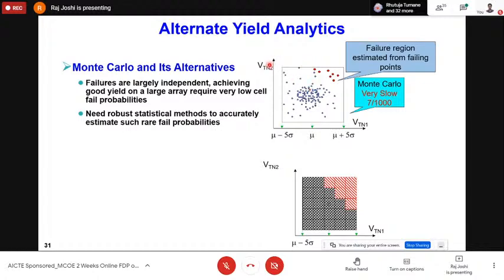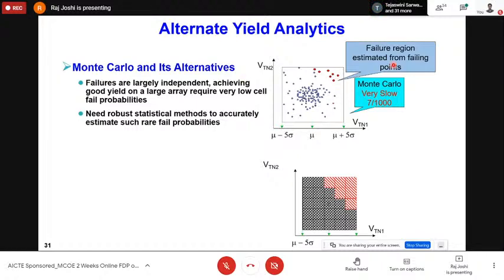This is the Monte Carlo technique. If you have two variables, VTN1 and VTN2, these are the points where Monte Carlo would like to reach. That is the high sigma region, so that is 6 sigma, because you want your product to sustain 6 sigma. And this is the area we want to go.